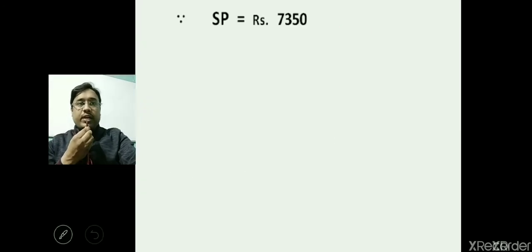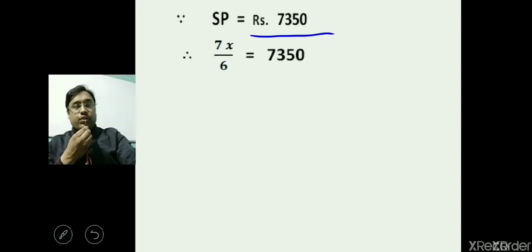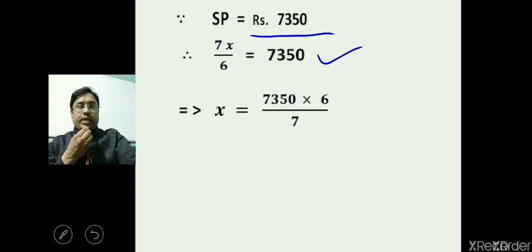Since the selling price is rupees 7350, therefore 7X by 6 equals 7350. Now this equation you can solve by cross multiplication. You will write X equals 7350 into 6 by 7. This 7 goes to the other side to divide.